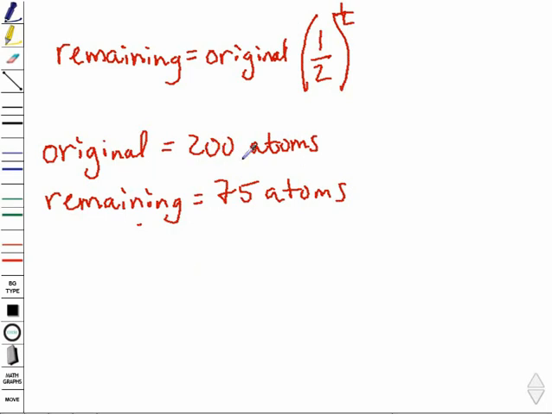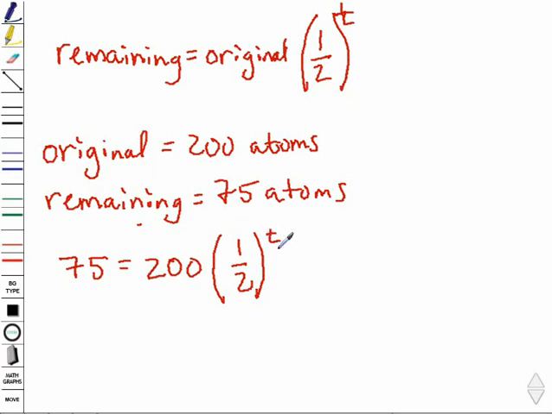We're going to plug our original values in and our remaining values in to see that 75 is equal to 200, both of those are atoms, times 1/2 to the power of t.